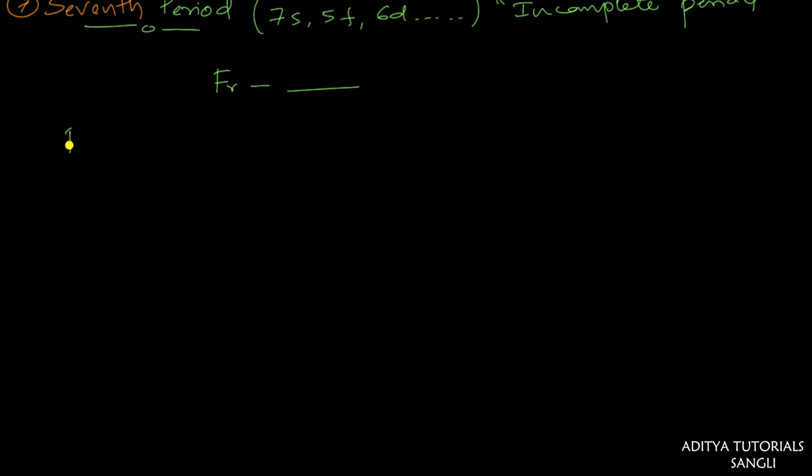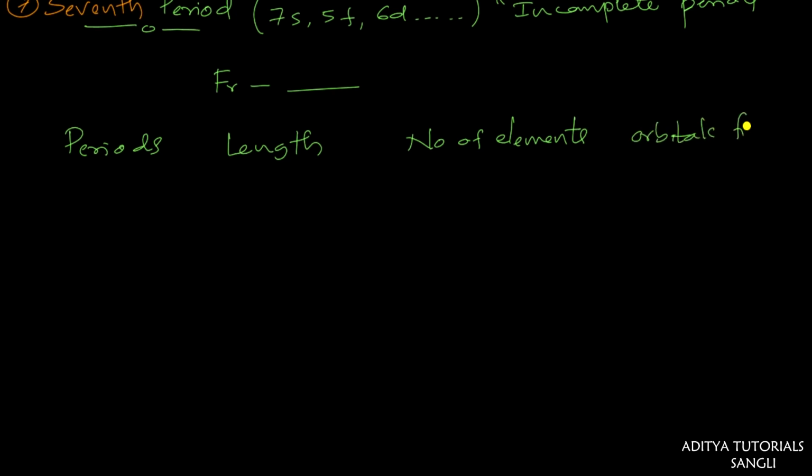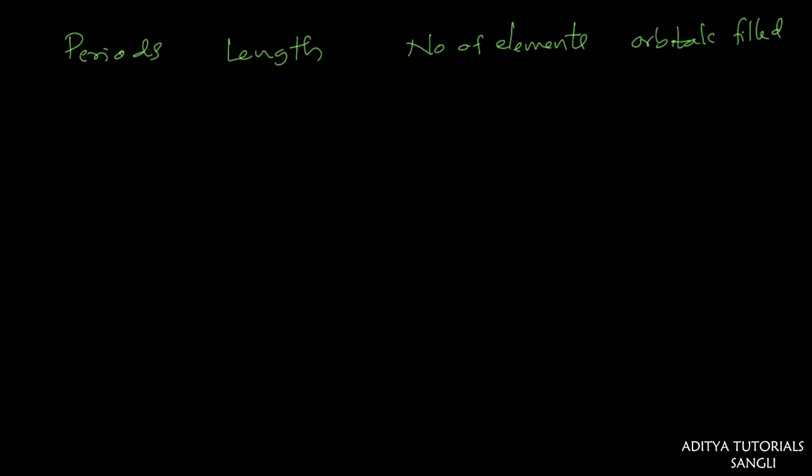So periods I'm going to write here: periods, and length, that is the number of elements, and orbitals filled. Just check this and complete it. We have 1, 2, 3, 4, 5, 6 and 7, so there are 7 periods.